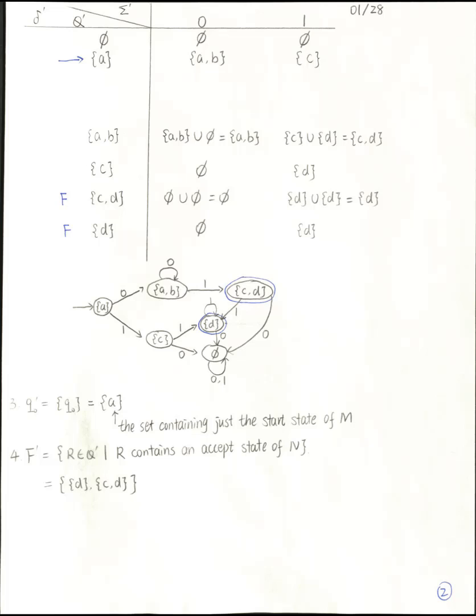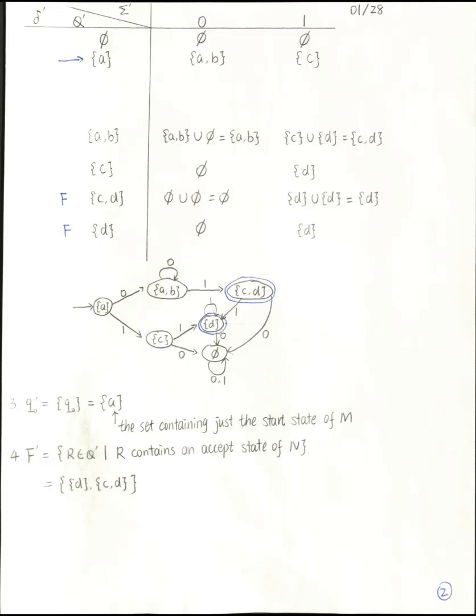Now I need to compute the resulting states for A by consuming a single symbol, either 0 or 1, because that's my alphabet. If I have more symbols in my alphabet, then I need to do these transitions for each symbol in my alphabet.